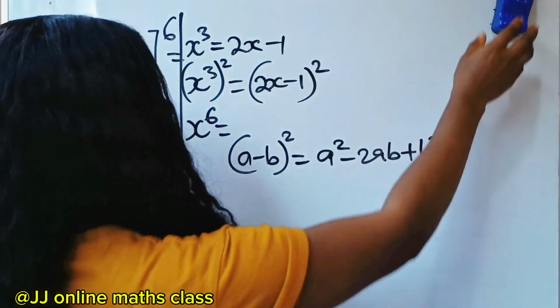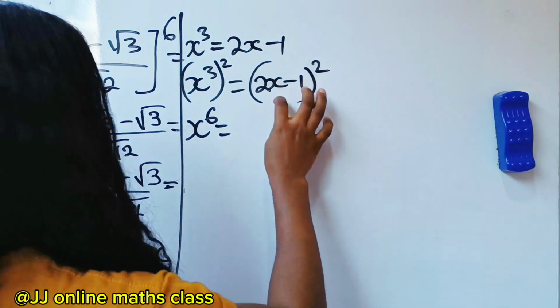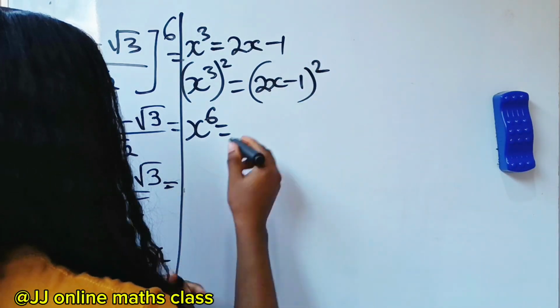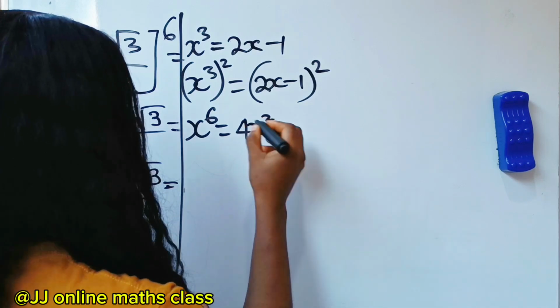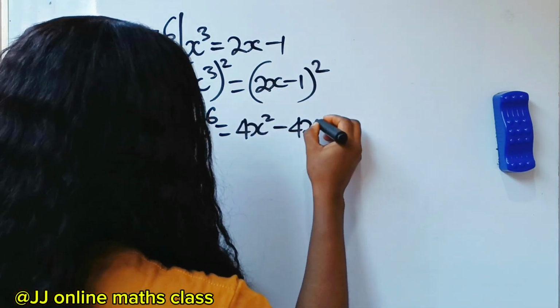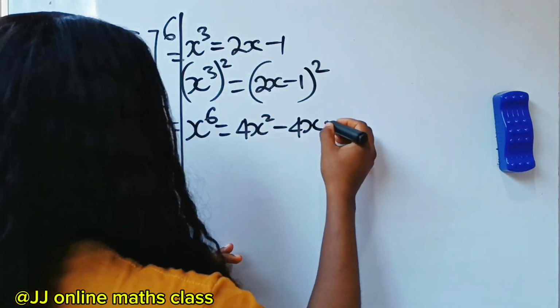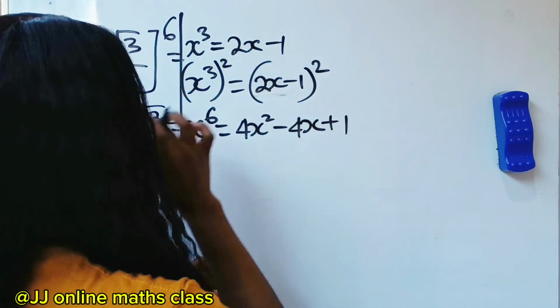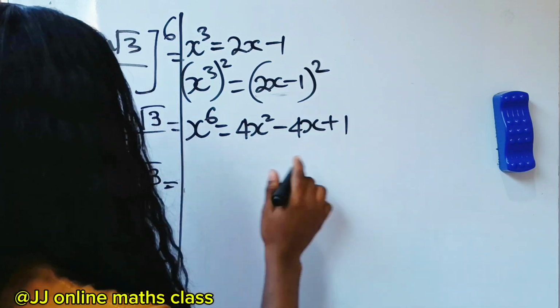It's the same thing. So we are going to express this in that form. So it's going to be a squared, that is 2x squared, which will give us 4x squared, minus 2ab, which will give us 4x, plus b squared, which will give us 1, right? This is our a and this is our b. Okay, this is what we have.